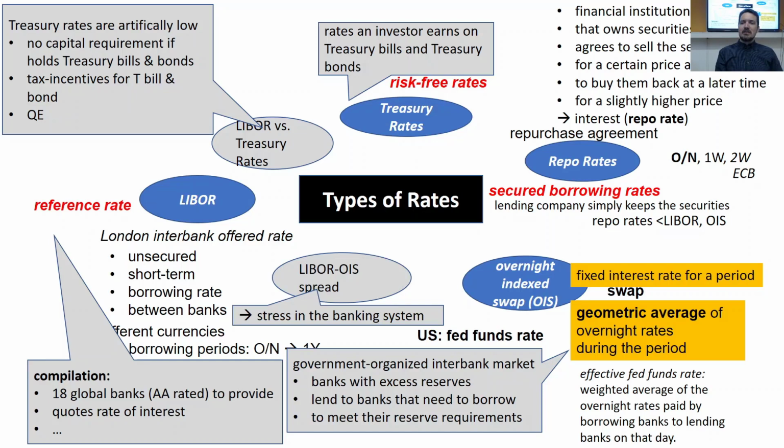It's secured lending, because if I'm not buying it back, then they keep the government bonds or the other kind of bond. That's why it's really efficient, and that's why the European Central Bank also uses this as a key policy rate for overnight, 1 week and 2 week positions, because in this case they don't have to be afraid of what is happening.